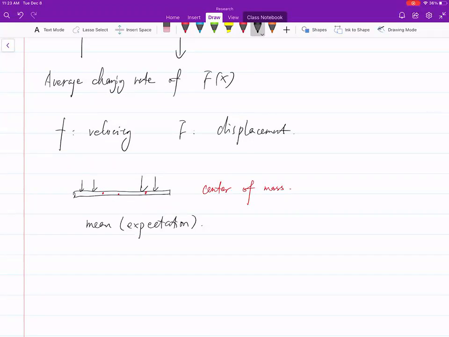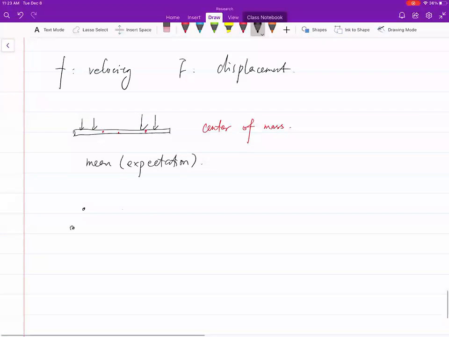If I have all the people in our class and I want to use one number to represent the age of all you guys, which number should I use? I should use your average age. Similarly, if I have a lot of particles, this particle is here, this one is here, and so on. But if I only use one position to represent all the positions and the mass of all these particles, that point should be here, which is the average of all the particles. So everything is statistics. When you think about mean value, it's actually the average, which is actually the center of mass.